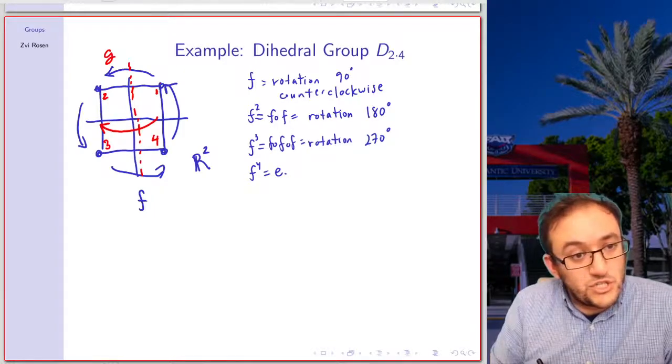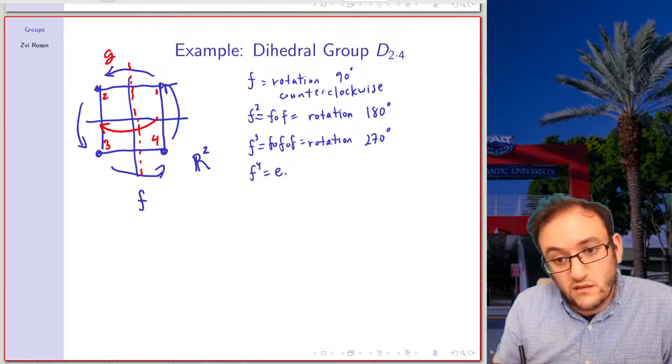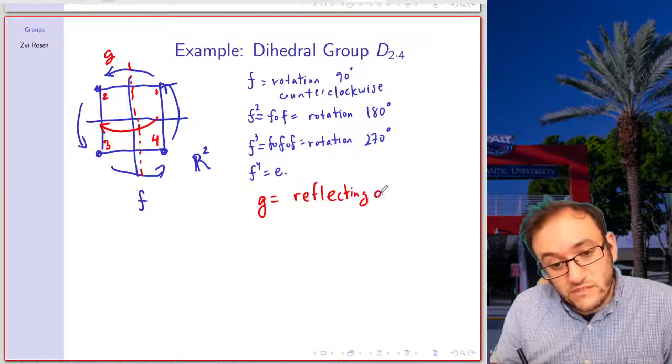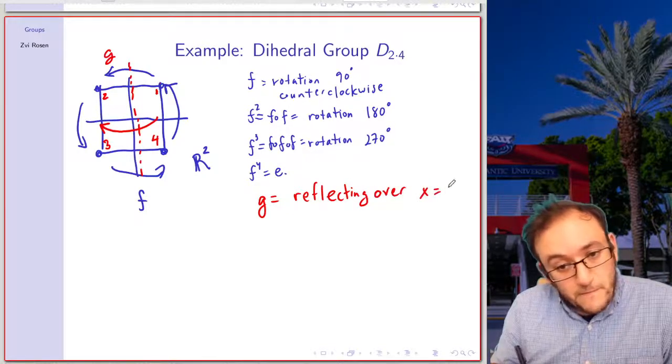What happens with G? So if we do G, this is flipping or reflecting over the line y equals 0, or x equals 0, I should say.